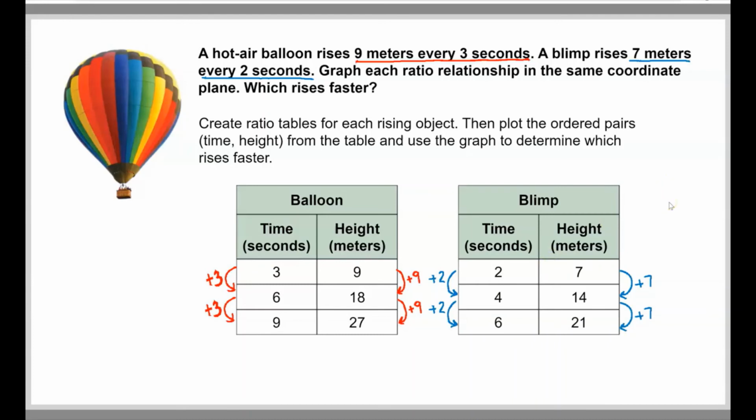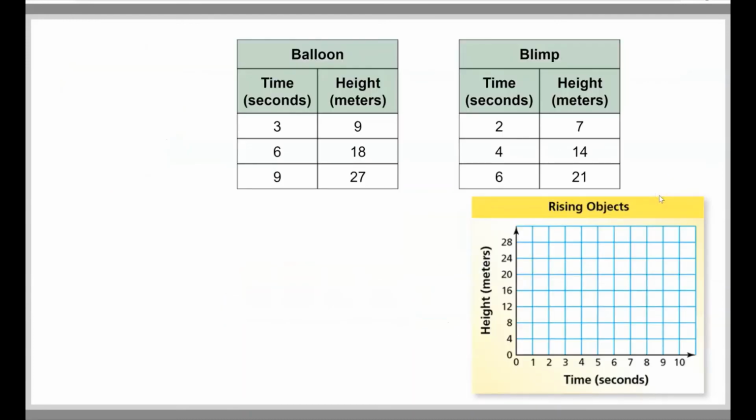So we can now use that to graph in the coordinate plane. For the balloon, we'll have a point at 3 and 9, 6 and 18, and 9 and 27.